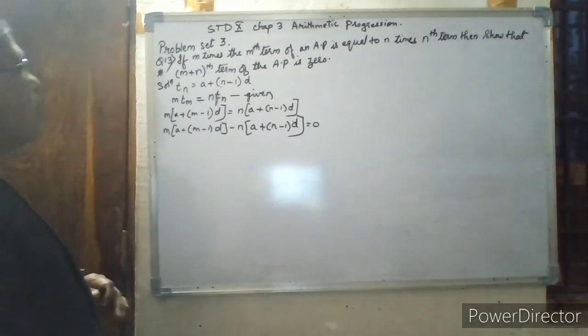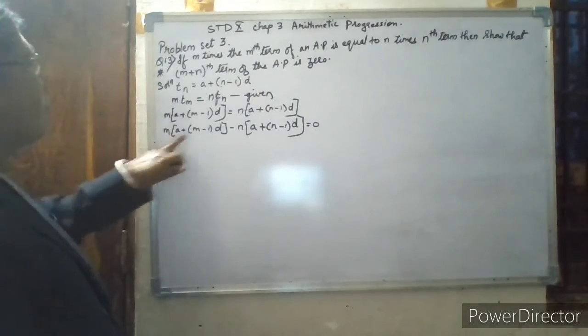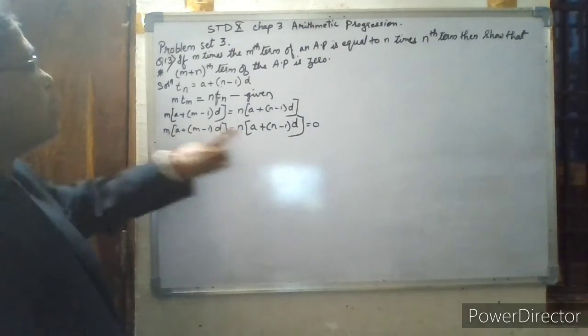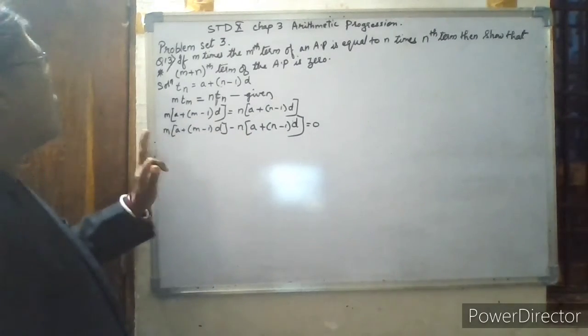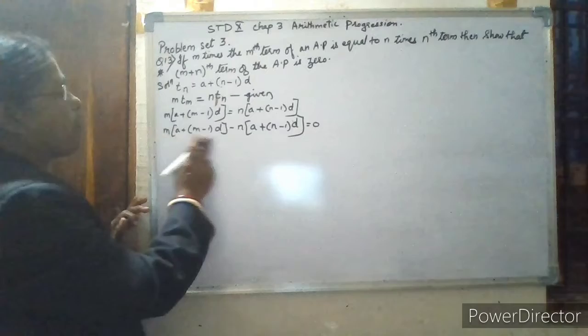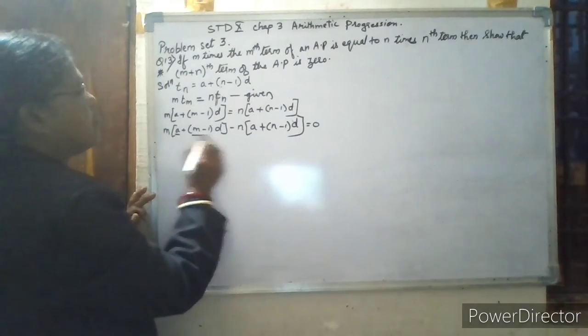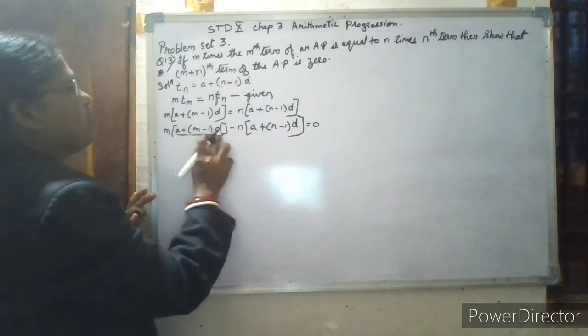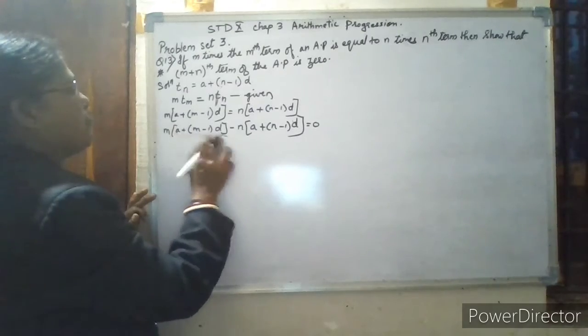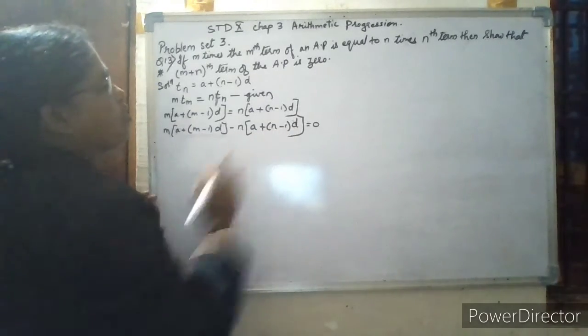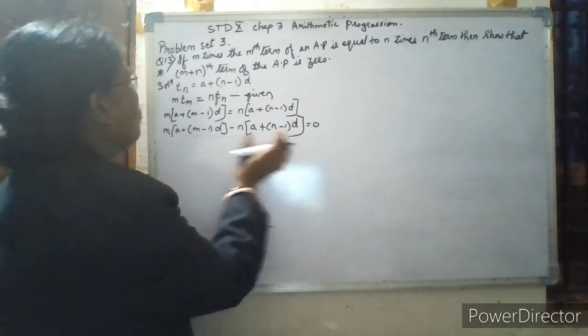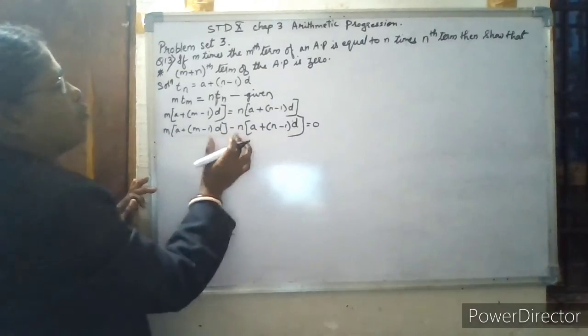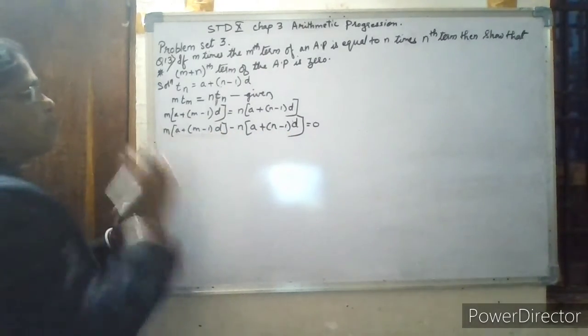Now we take the square bracket coefficient m here, and here the square bracket coefficient n. Inside each square bracket there are two terms. This is one term, this is the next term. In the same manner here also we have one term and another term. So these two terms will be multiplied by m and these two terms will be multiplied by n.